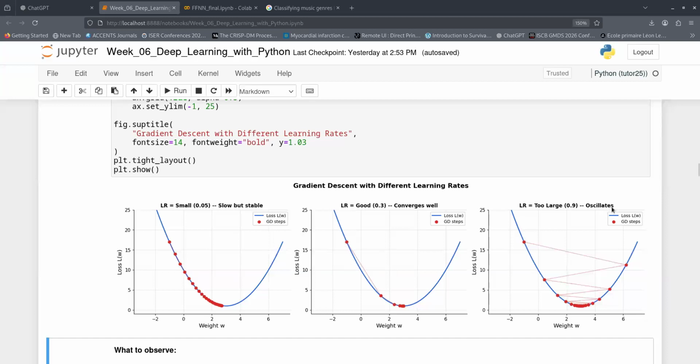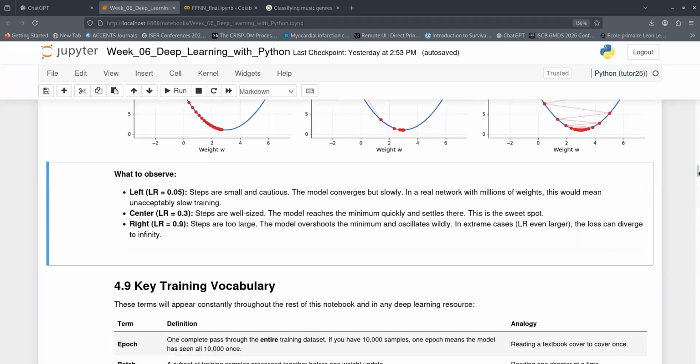You see the oscillation. The oscillation is very, very significant before it stabilizes here. So you just have to consider a gradient descent with an efficient learning rate for you to obtain something really stable.